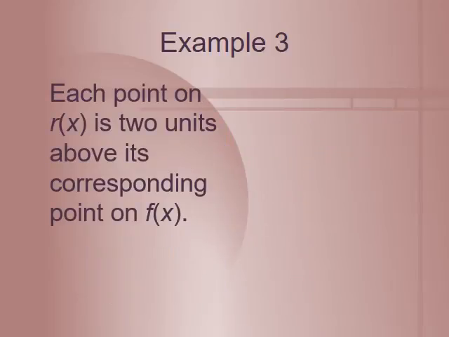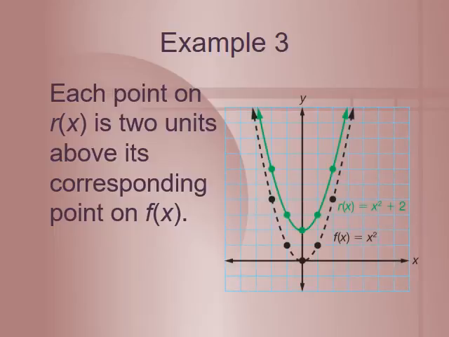So when we graph those, this is our original one, our vertex just moves up 2 spots and everything else is 2 higher, 2 higher, 2 higher, 2 higher. Each point is 2 spots higher.